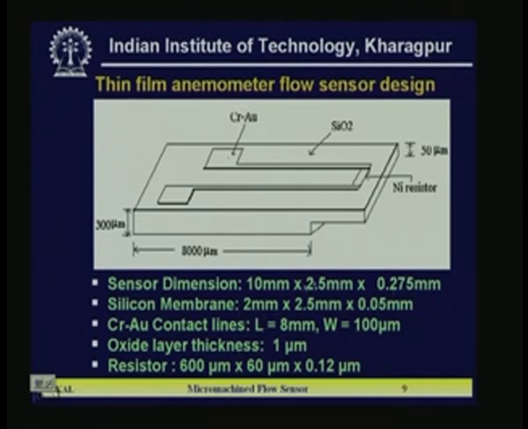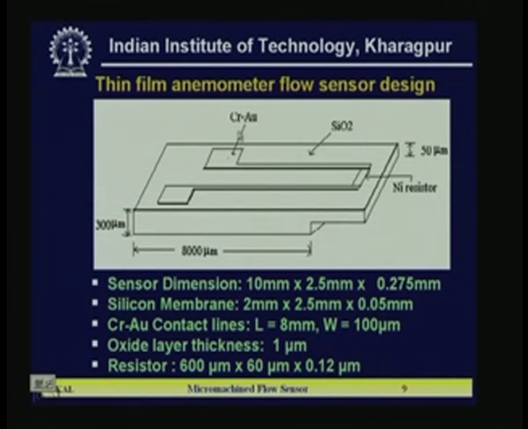The silicon membrane is basically this portion, 2 millimeter, 2.5 is the width, and this is 50 micrometer thick here. The chromium gold contact line is 8 millimeter in length, and the width W of this chromium gold is 100 micron.